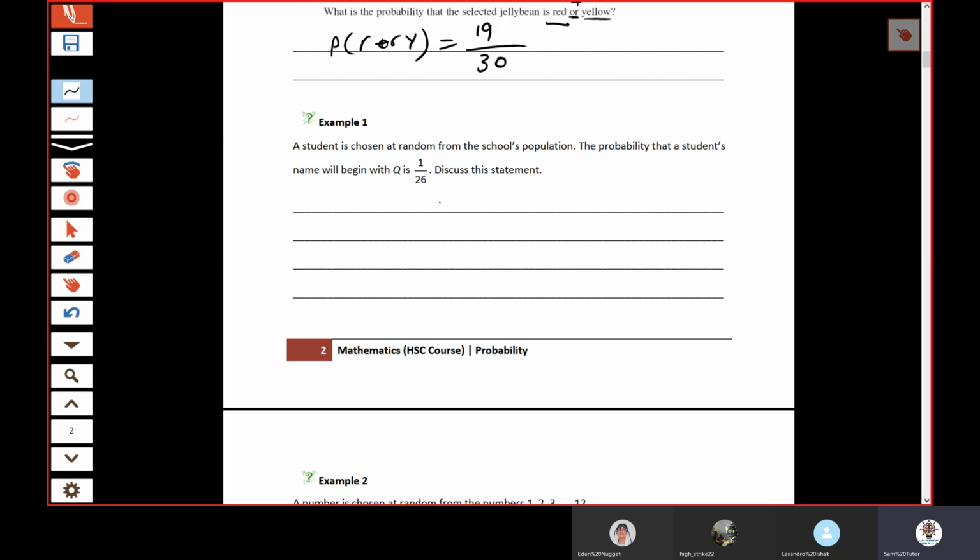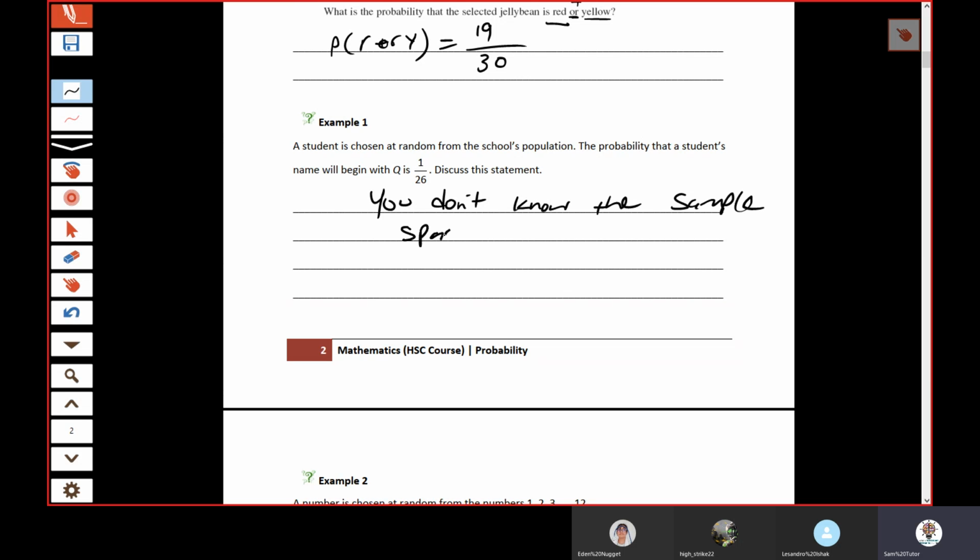What do we think? So is the probability of me picking a student with L 1 out of 26 in a school? No. Why? Because L may or may not be common. Correct. It might be there, it might not be there. Yeah, you don't know what the sample space is.